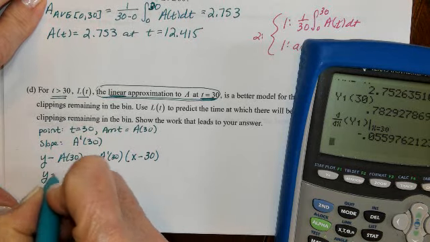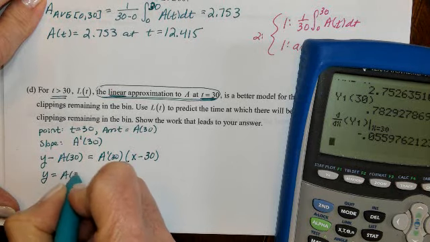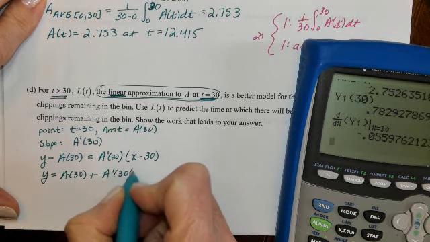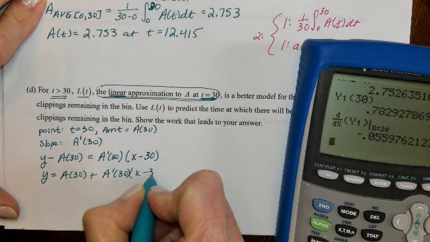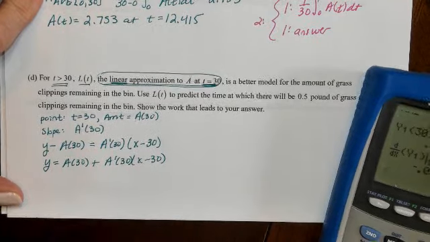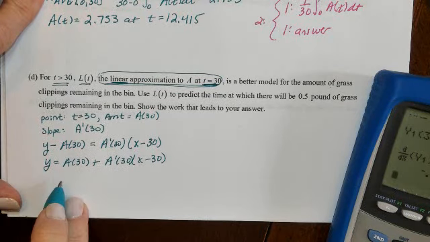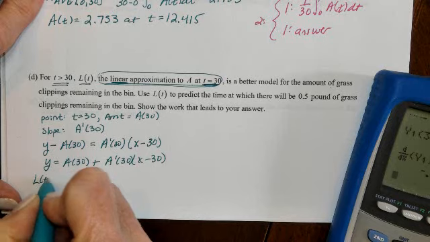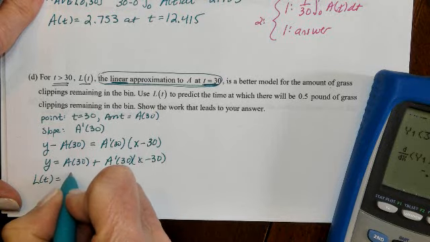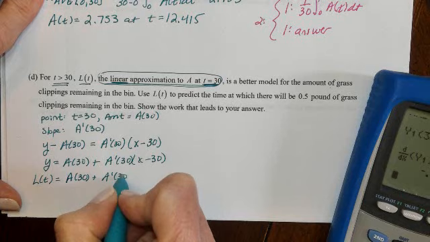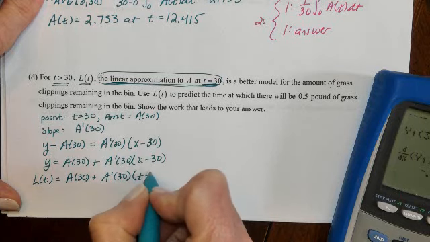So y will equal A of 30 plus A prime of 30 times x minus 30. Changing this to the problem, y is our linear approximation, L of t. X is our time.